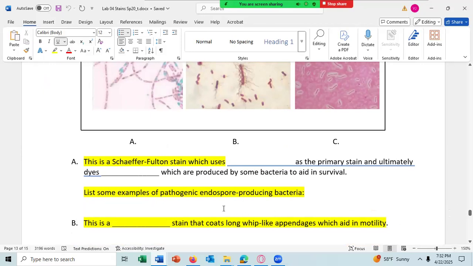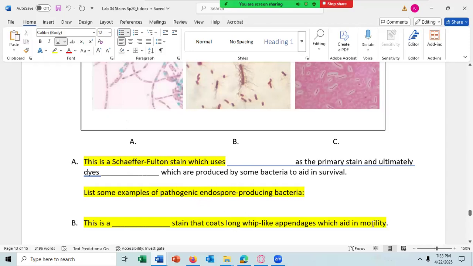So A, this is the Schaeffer-Fulton stain, which uses malachite green as the primary stain and ultimately dyes which structure, which are produced by some bacteria to aid in survival. So fill in the answers. And then 5A1, 5A2 list some examples of pathogenic endospore producing bacteria. If you need to, you can get the answer from the table in the lab module.